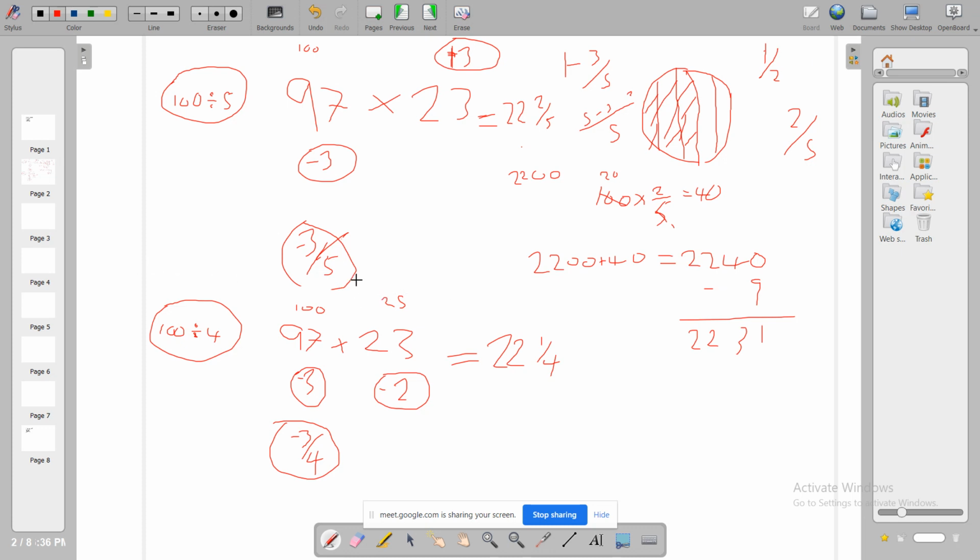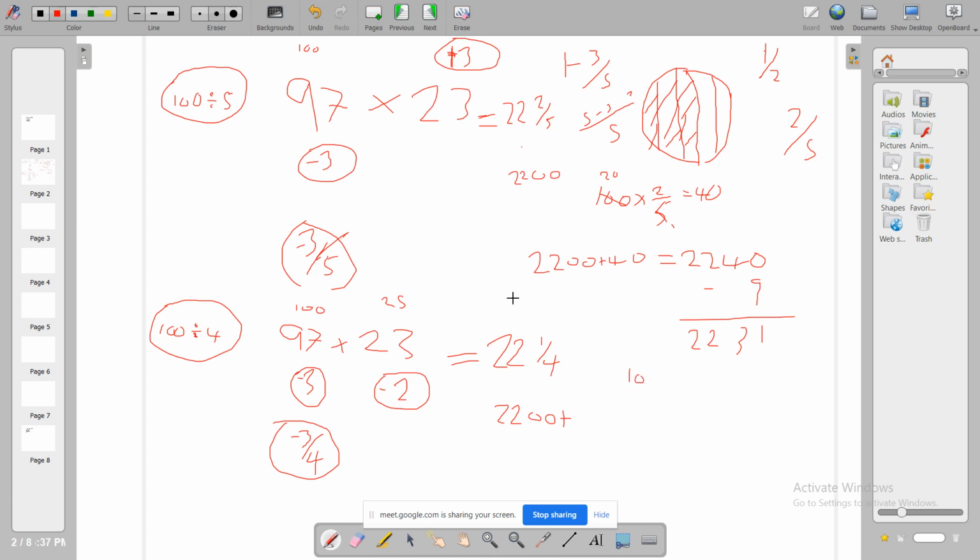When we multiply by 100, here we'll get 2200, and when we multiply the fraction by 100, it will also give us 25, right?